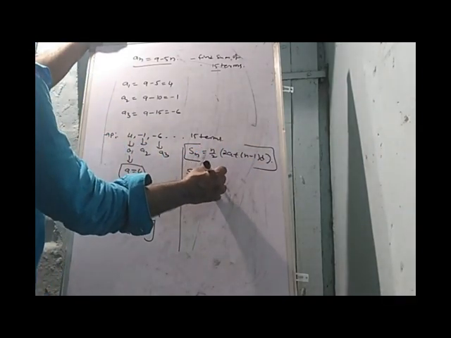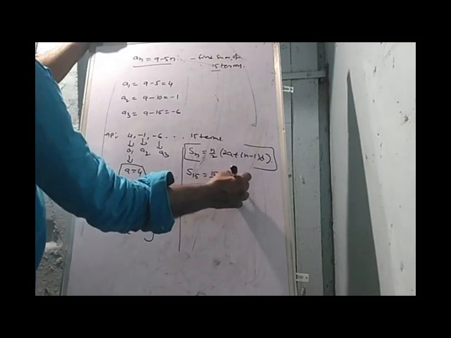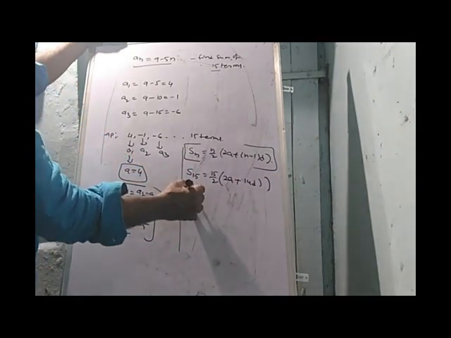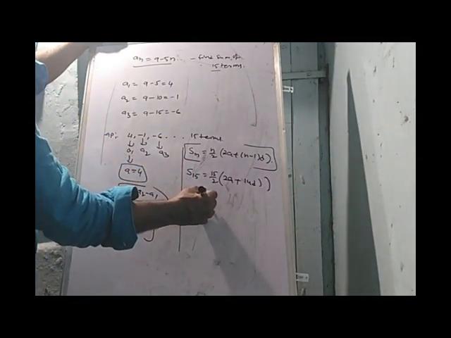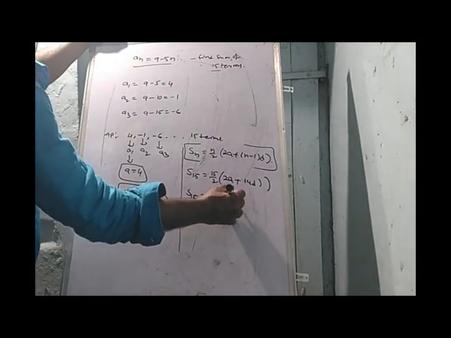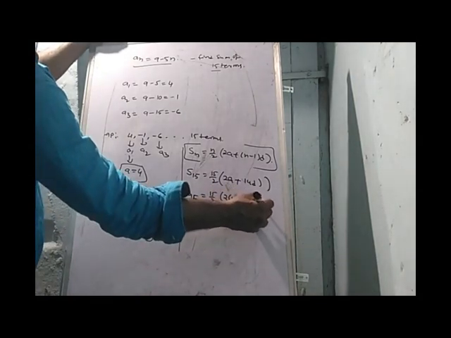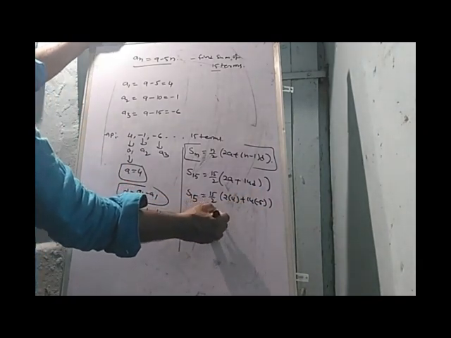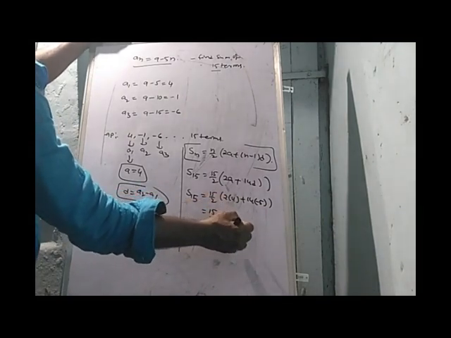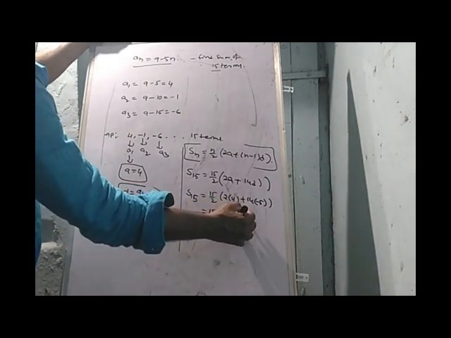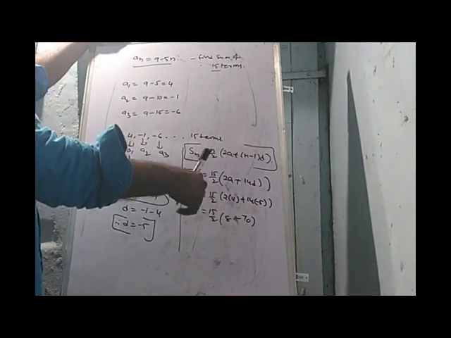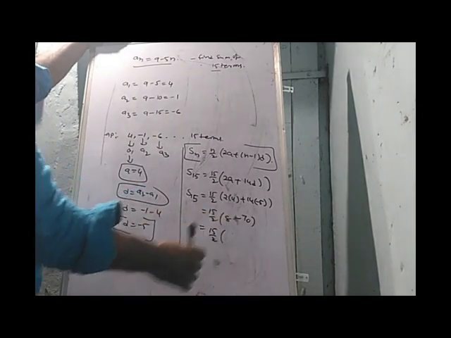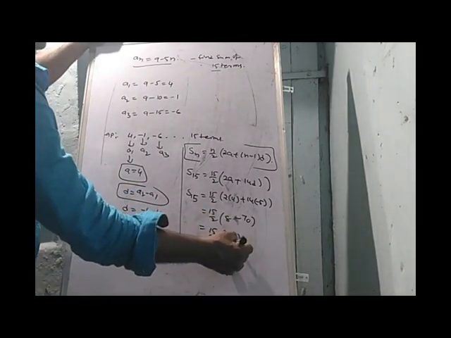S15 equals 15 by 2, 2a plus (15 minus 1), 14d. Now apply the values in this formula. 15 by 2, 2 times a, 4, plus 14 times d, minus 5. Here 15 by 2, 2 4s are 8, plus into minus is minus, 14 5s are 70. 8 minus 70, we get a negative result, minus 62.